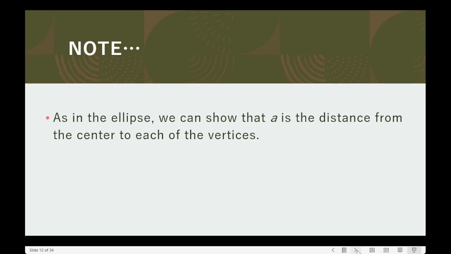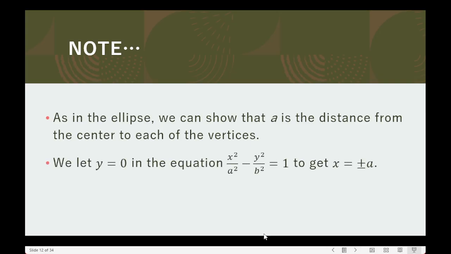As in the ellipse, we can show that a is the distance from the center to each of the vertices. We let y equal 0 in the equation of the hyperbola to get x, which is now equal to either positive or negative a.